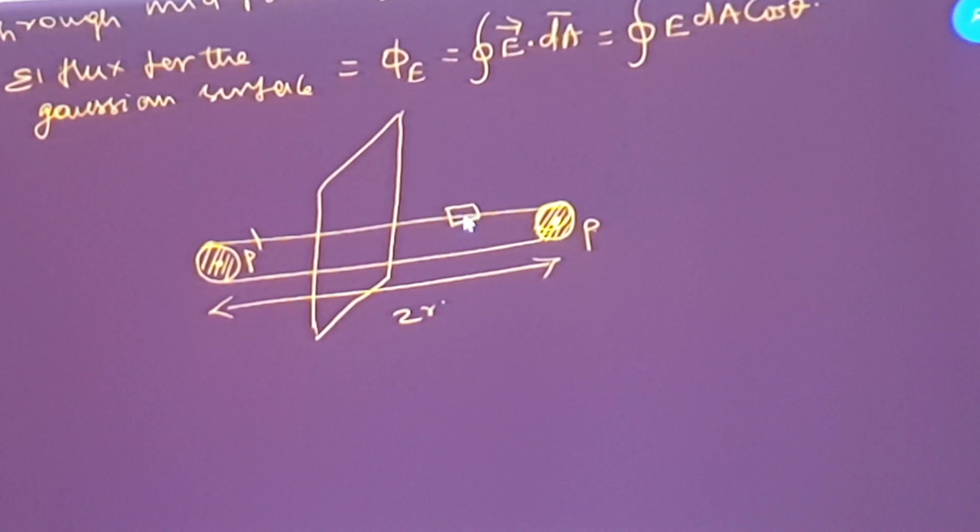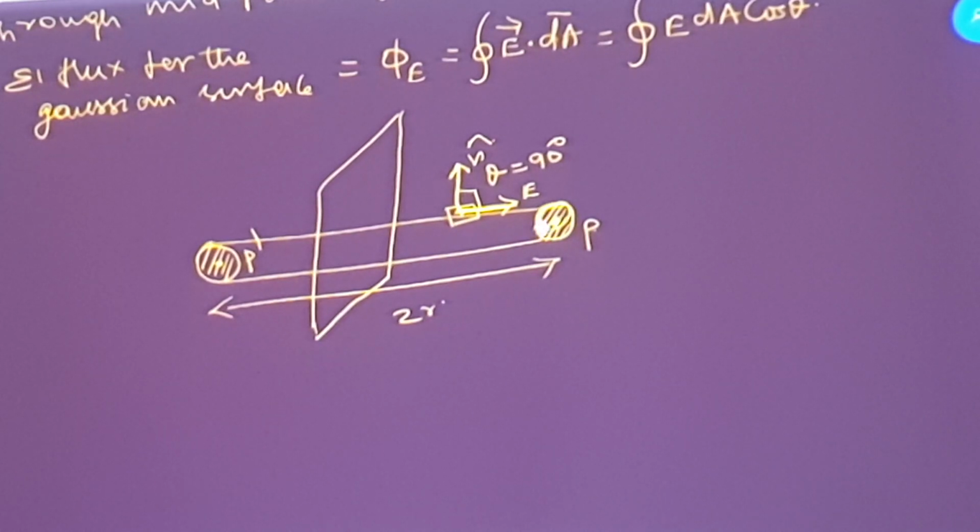If you draw the normal, it will be perpendicular, n cap. The direction of electrical field E is here. So the angle between the two is theta, which is equal to 90 degrees on the curved surface.